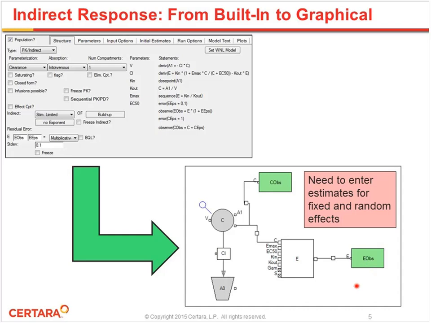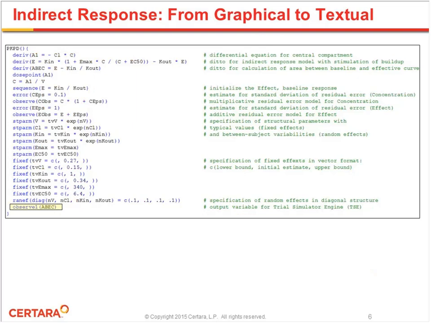So the next step would be to fit the model to data in order to get final estimates. But to keep it further simple, we are just entering the final estimates for the fixed and the random effects into Phoenix and take those to run the simulations. So let's do that and go to the next slide.